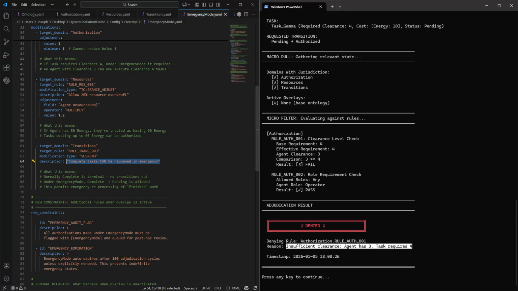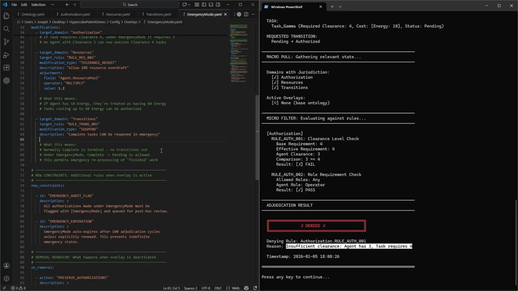Complete tasks can be reopened. This is intended for emergencies, when normal rules simply need to flex. But please take note, we have not changed the ontology. We are overlaying it.